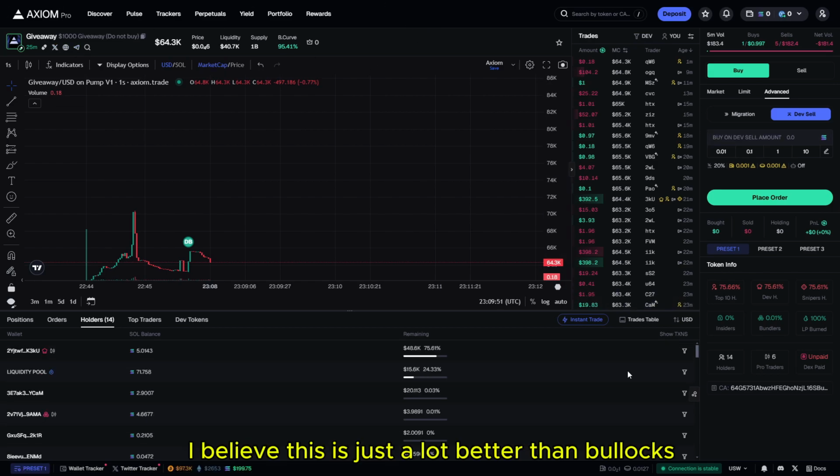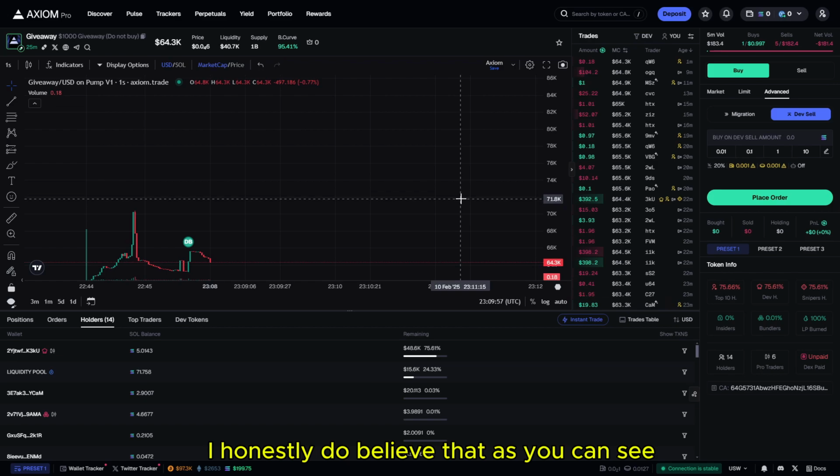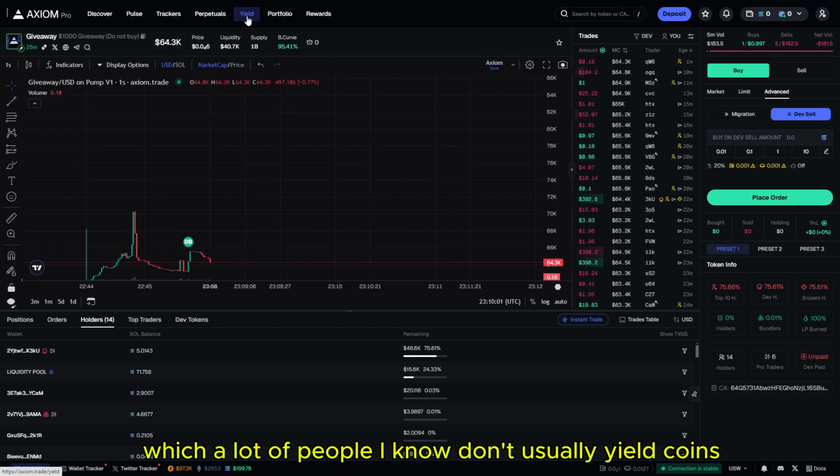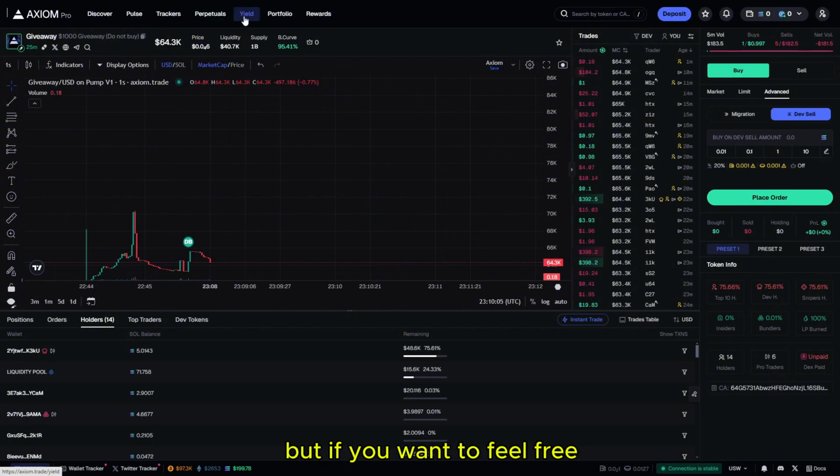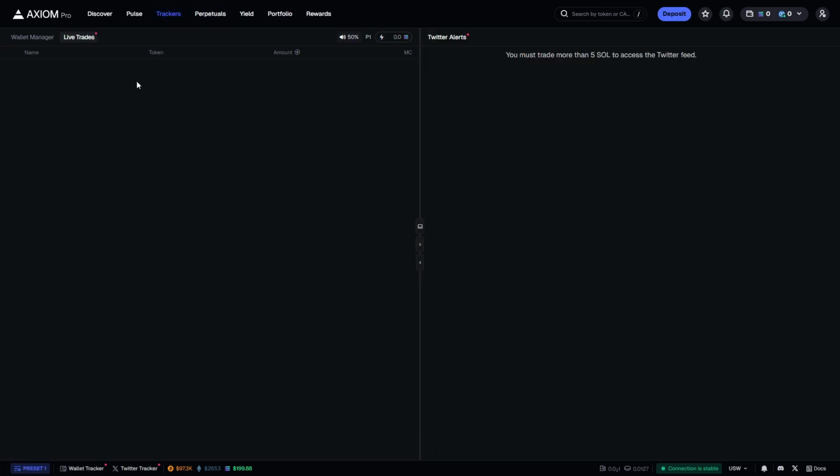And yeah, overall, I believe this is just a lot better than Bullx. I honestly do believe that. As you can see, it's got a yield feature as well, which a lot of people I know don't usually use for coins, but if you want to, feel free. It's literally right there. It's got trackers.